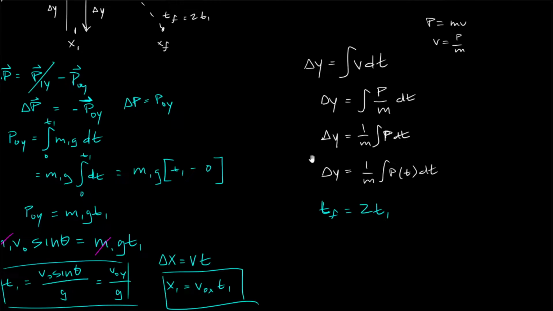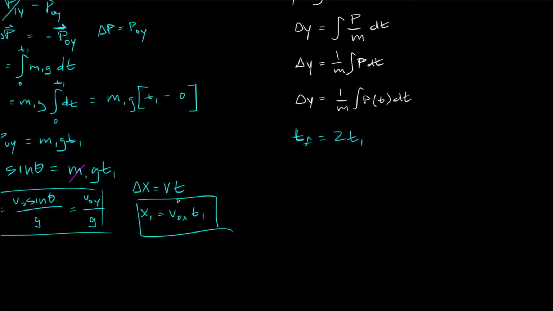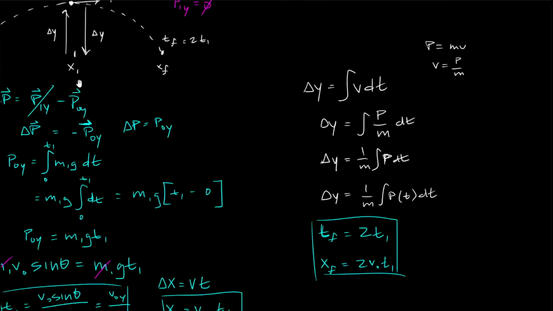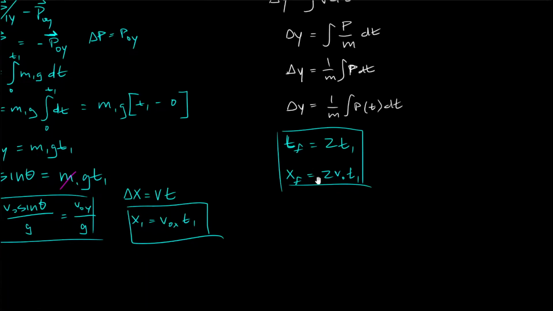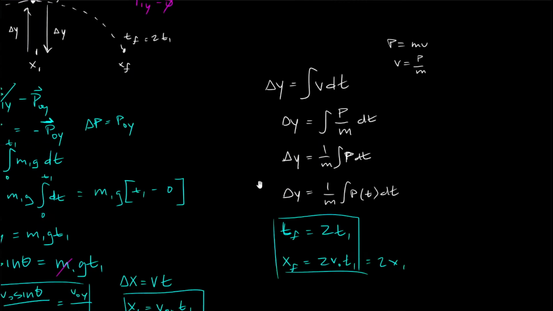And the position here, x_f, using this same idea, and still constant horizontal velocity, equals 2 v naught t1, or 2 x_i.